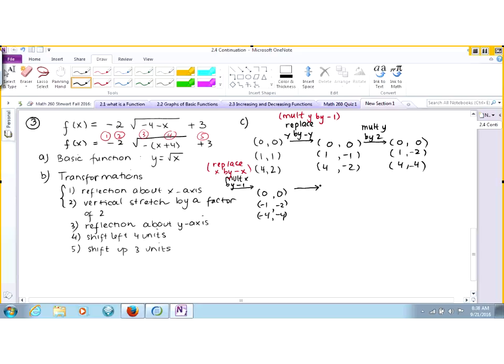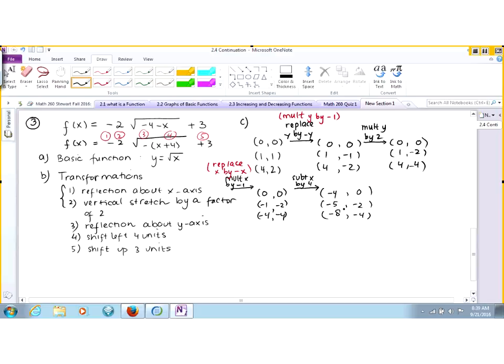All right. Next, the fourth one. Shift left 4 units. What is shift left 4 units? Yes, subtract 4 from x. So the y is the same. 0, negative 2, negative 4, and then subtract 4 from these x values. So what do you have?